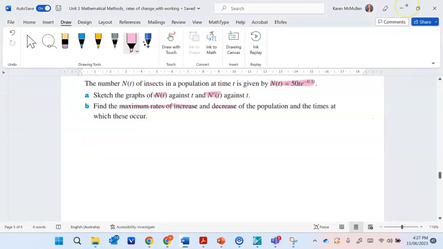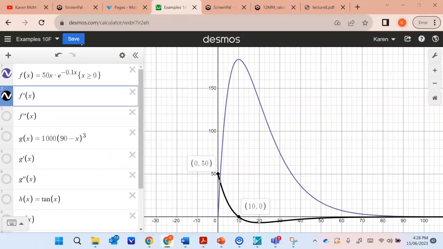So to answer question B, the maximum rate of increase, we can see just the maximum point of our derivative function. Now that maximum point is not a turning point.